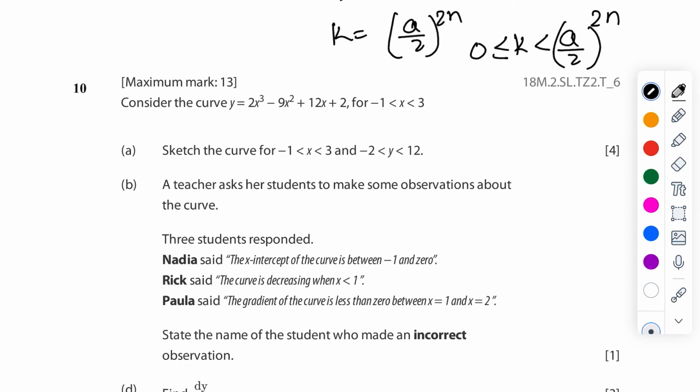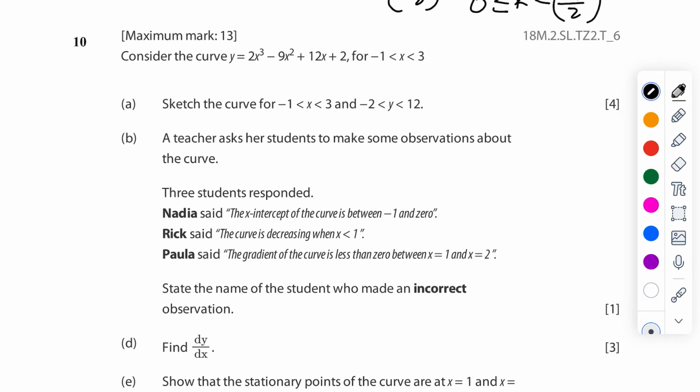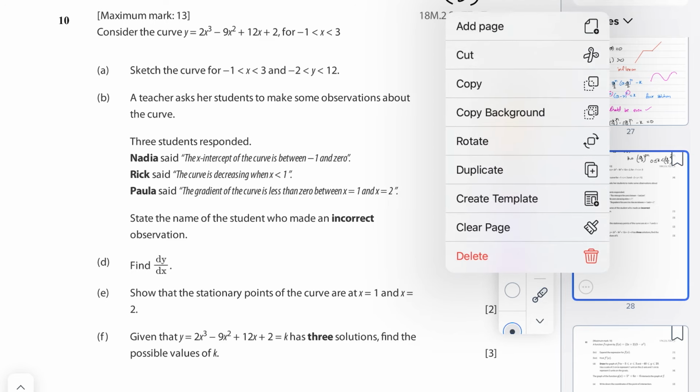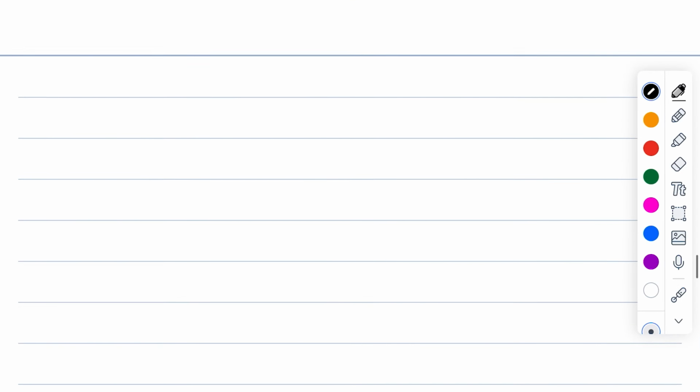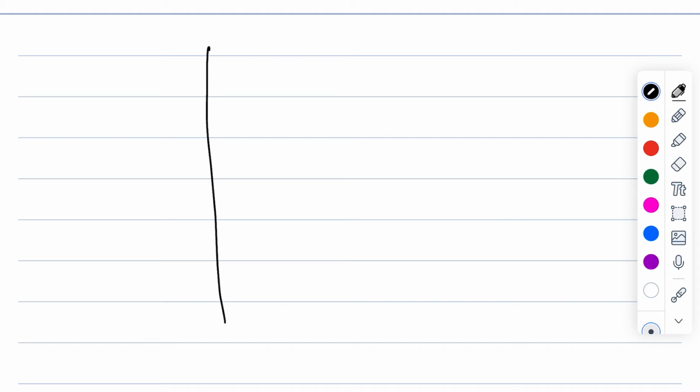Now the next question, number 10. Consider the curve y equals to so on. Sketch the curve. Now sketching the curve, this is from graphing calculator paper 2, so you can use the graphing calculator to sketch the curve. And I'm drawing it out.